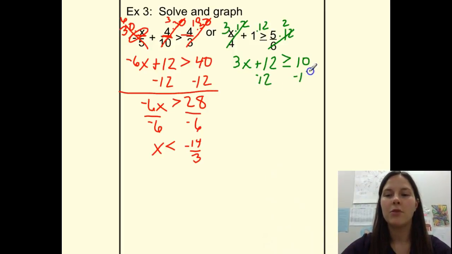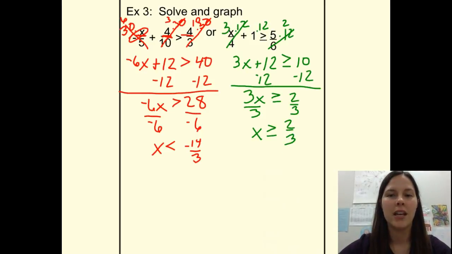Finishing solving by subtracting 12 from both sides, I get 3x is greater than or equal to 2. Dividing both sides by a positive 3, I get x is greater than or equal to 2/3, not flipping that inequality when I divided by a positive.